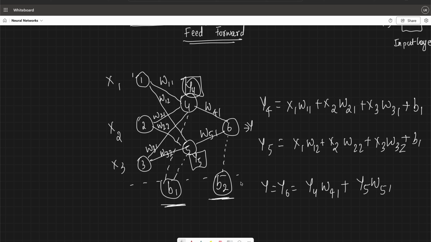And similarly, B2 is adding another bias to this node, giving its own decision making process by saying you could go in this direction, or I am giving you an extra value such that you will have to learn better in order to give a better result at the end. So we just add B2 over here. So this is the final output.